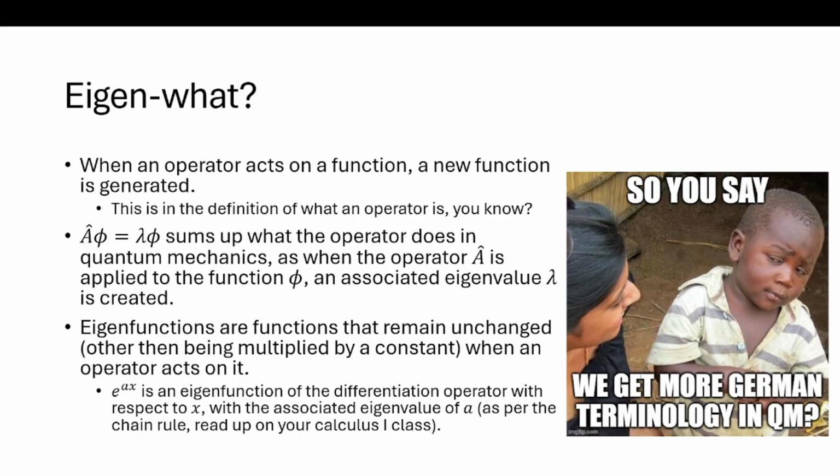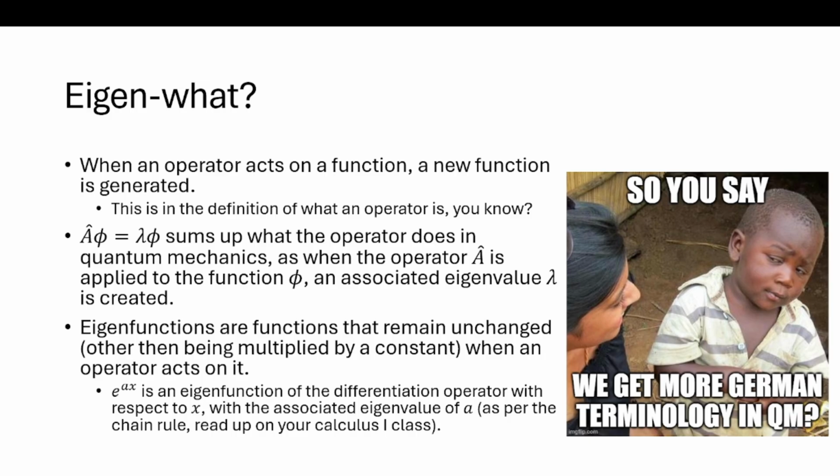A scalar is just a unitless number. And this exact equation, A hat phi equals lambda phi, sums up pretty much what we're trying to solve in quantum mechanics, where if we apply this operator onto the function phi, we're going to get an associated eigenvalue.